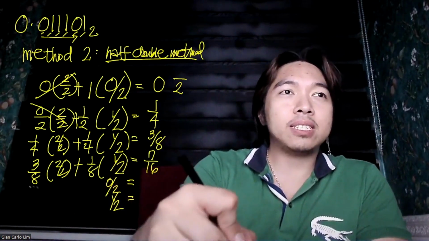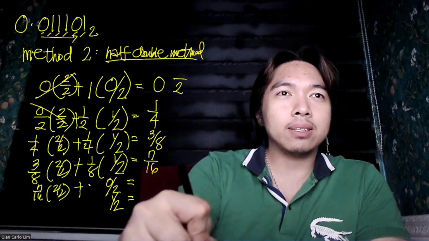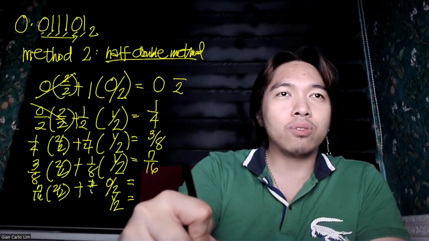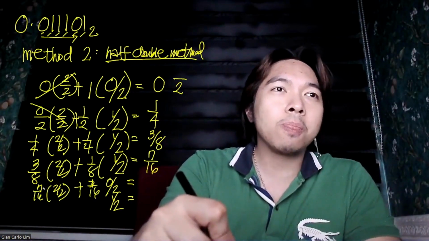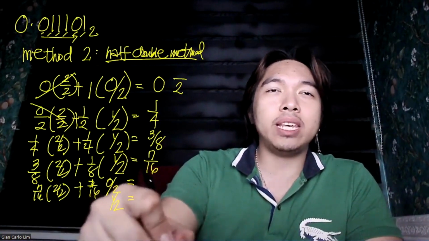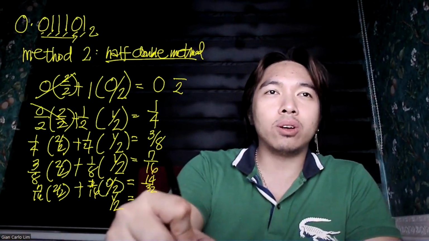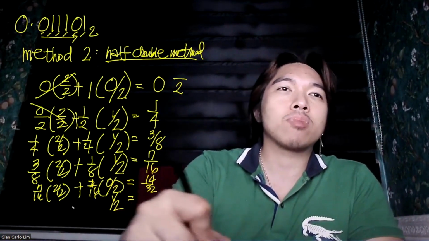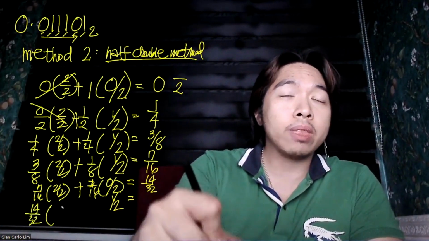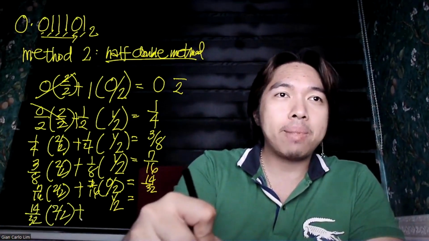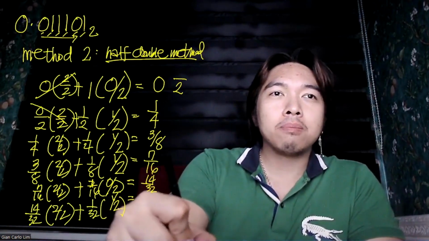So 7/16. Lagyan natin siya dito. 2/2 plus, okay, 1/16. Okay. So wala. So 2/16. So 7 times 2, so that is 14/32. Plus ito, 0 ito, kasi 0/2. So wala. Then, lastly, we have 14/32 times 2/2 plus 1/32 plus 2.